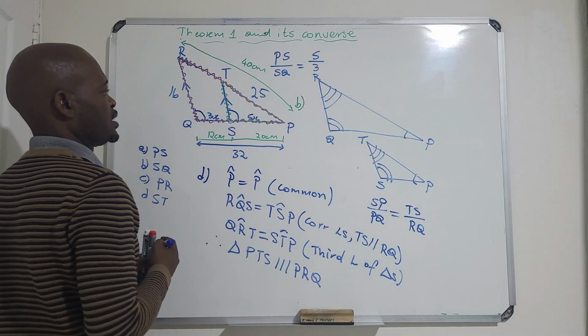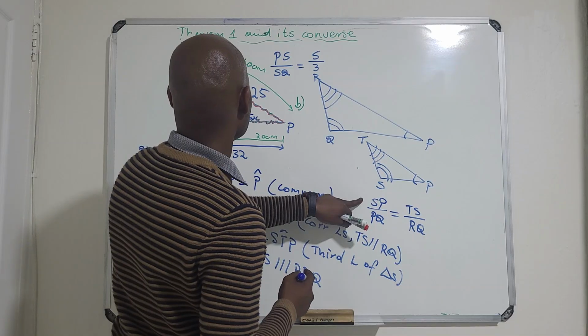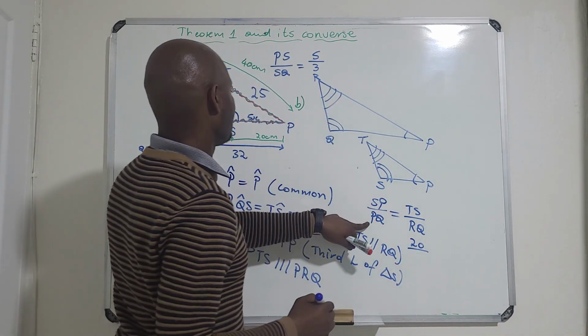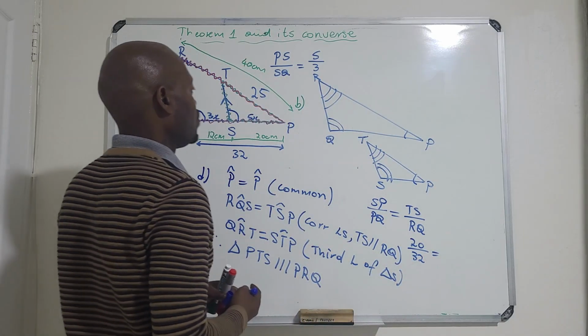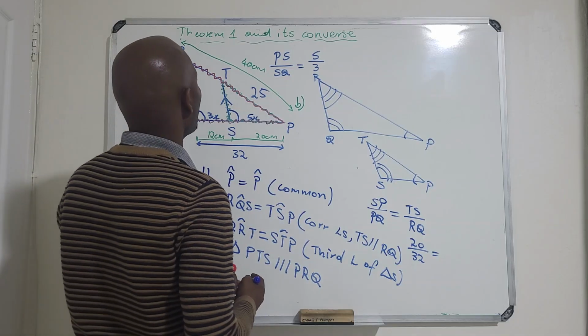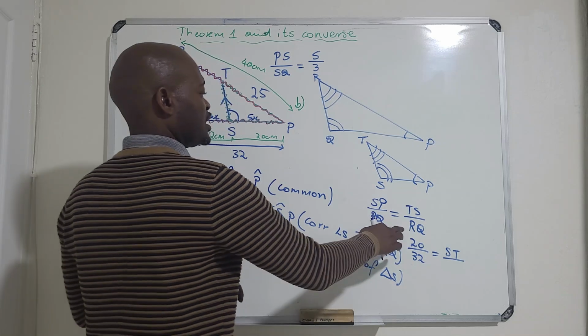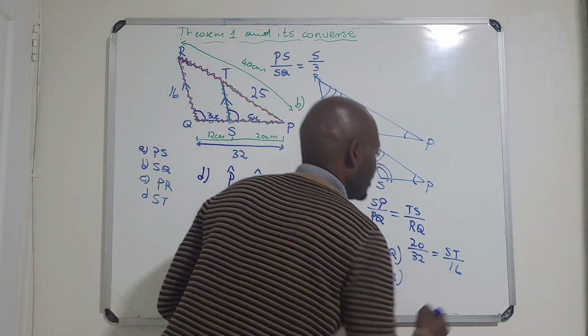You can see that. So we know SP. What is SP? 20. Over what is PQ? 32. Equals to. What is ST? We are looking for ST. Over what is RQ? Our RQ is 16 there.